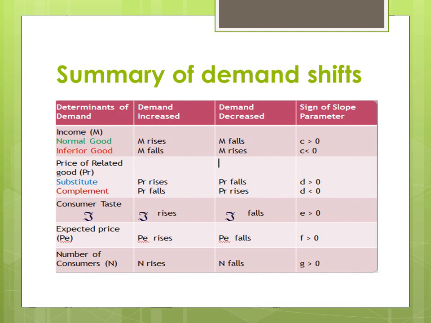For inferior goods, when income increases, demand falls, and when income falls, demand for inferior goods rises.